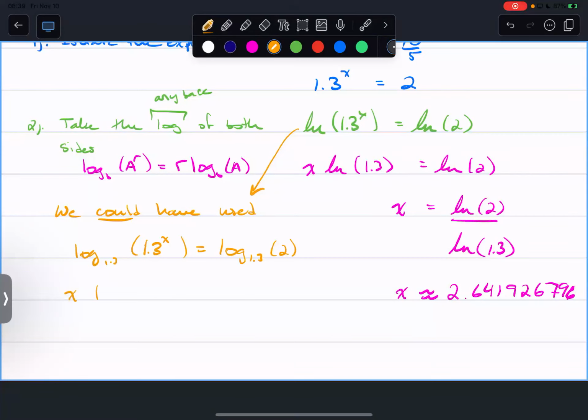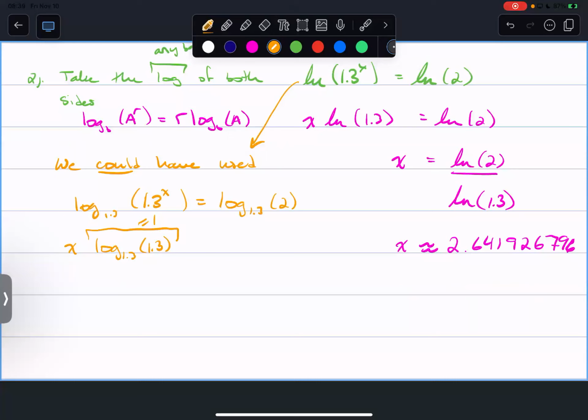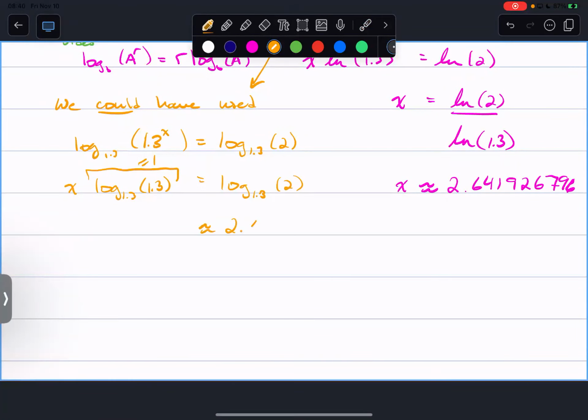So this becomes x times log base 1.3 of 1.3, and that is the reason that we would do it, because this is equal to 1. So it eliminates one of those logs. So then you've got x times 1 over here, which is good, but then you would need your calculator. But what we're going to find is that log base 1.3 of 2 is what? 2.6419267796. So it doesn't matter which one you use, you're going to find the same value of x.